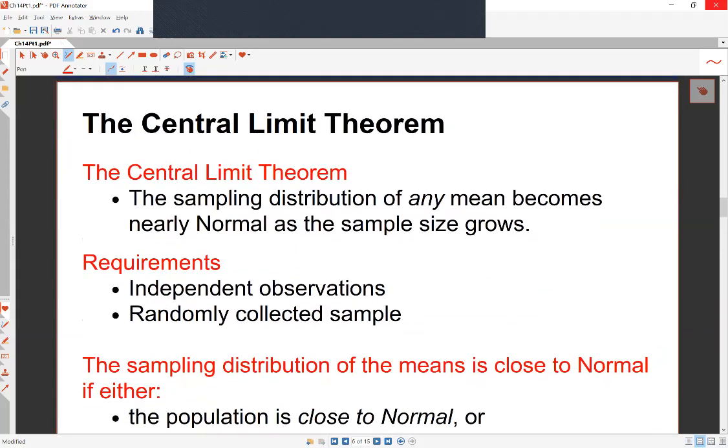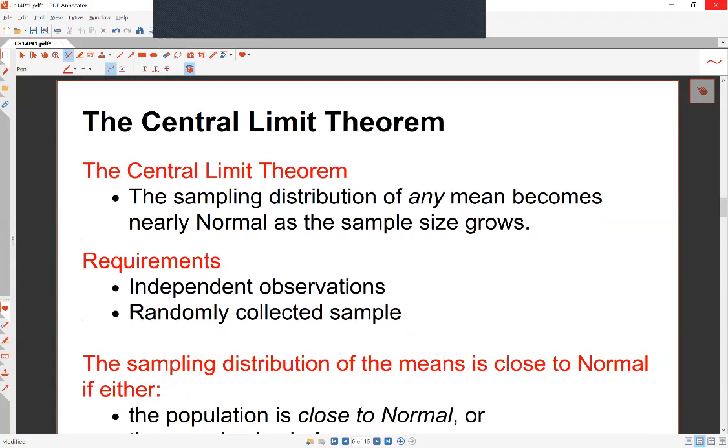So this result, this kind of bell curve that we end up seeing and the reduction in variability, this is connected to an important statistical result known as the central limit theorem.